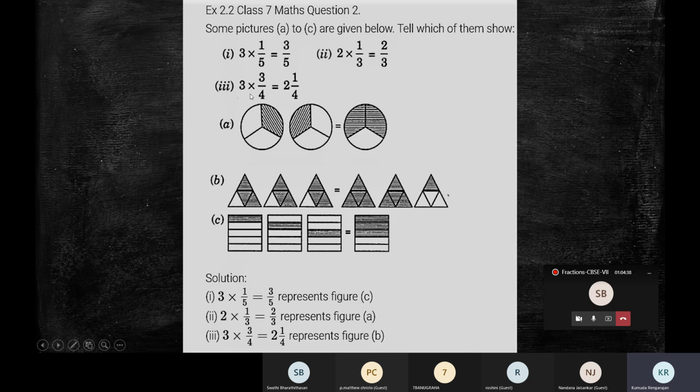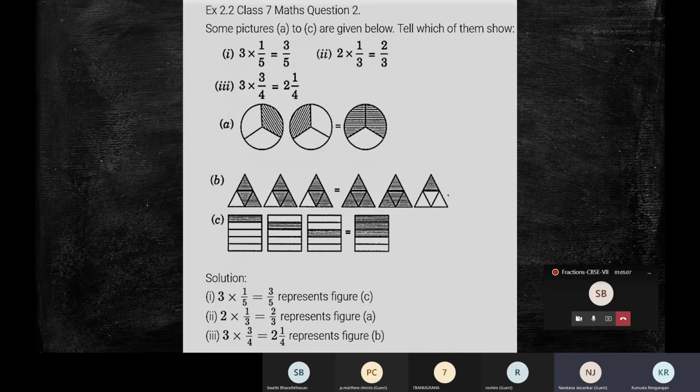What will be the answer? What is 3 by 1 into 3 by 4, children? Ma'am, 9 by 4. Very good, that's what I wanted. 3 by 1 into 3 by 4 is 9 by 4.